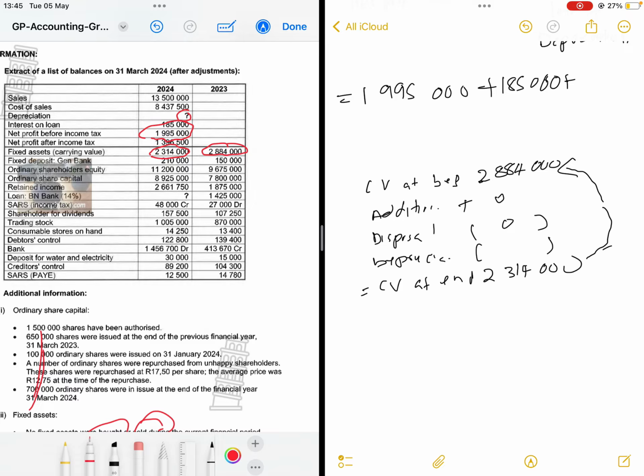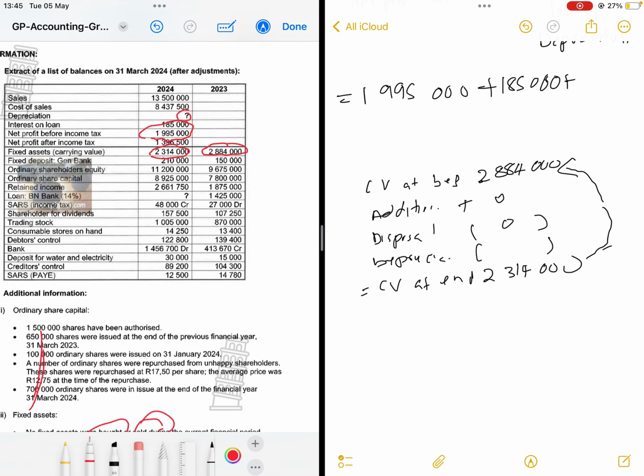Now let's calculate. Then I'm going to have 2,314,000 minus 2,884,000. Sorry, I made a mistake here. 2314 minus 2884.